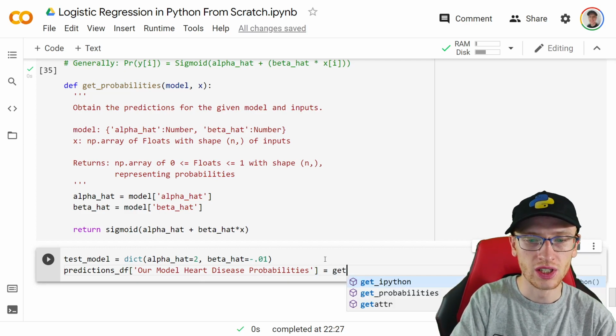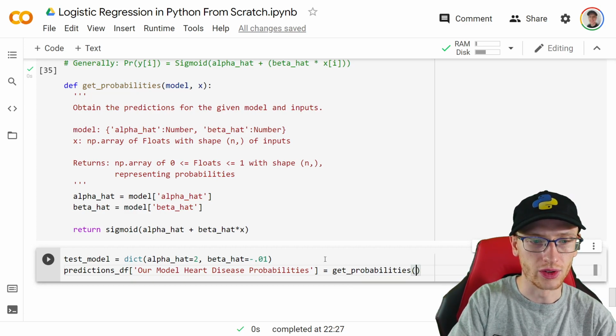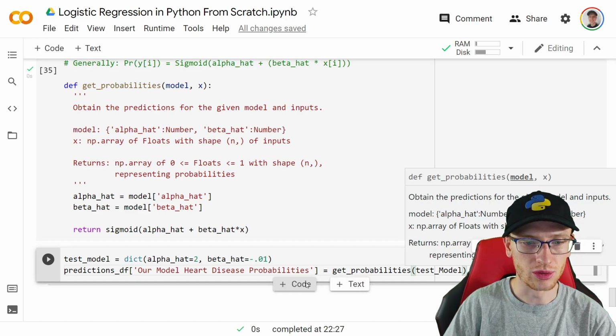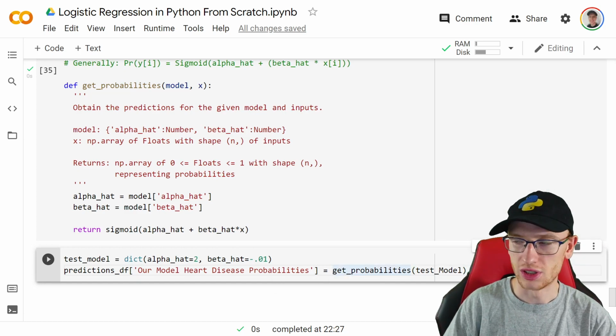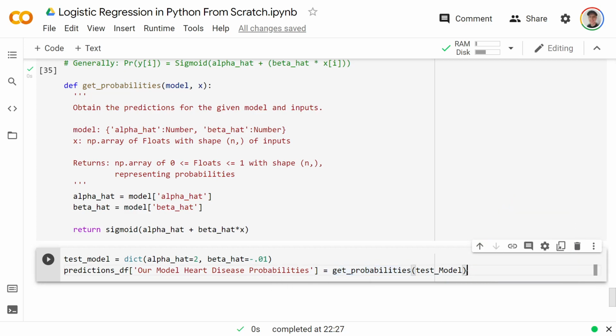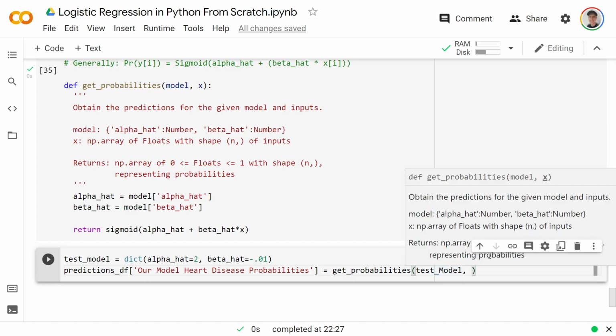We'll set that equal to get probabilities of, we'll give it our test model, and you're about to not be able to see what I'm doing. So let me just delete myself for a brief moment here.